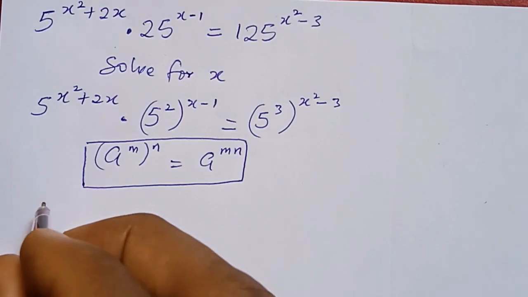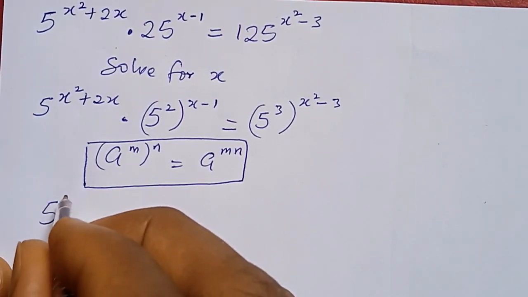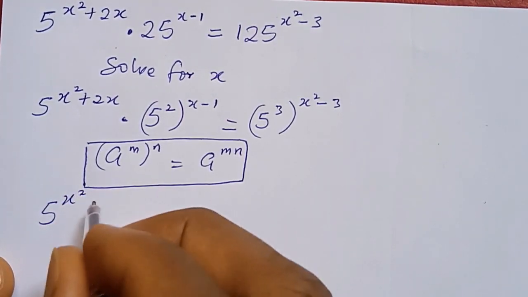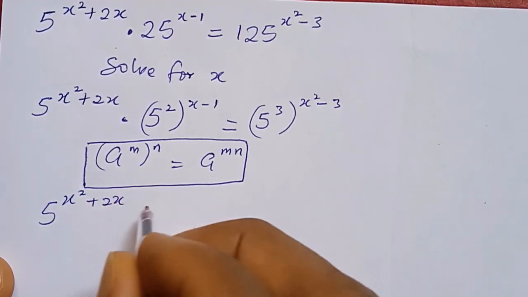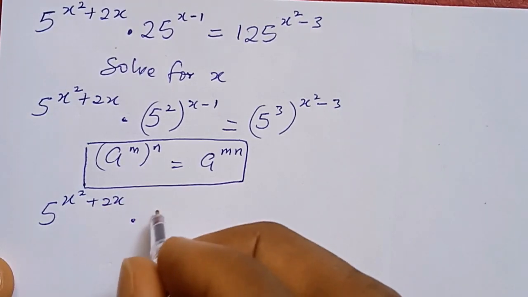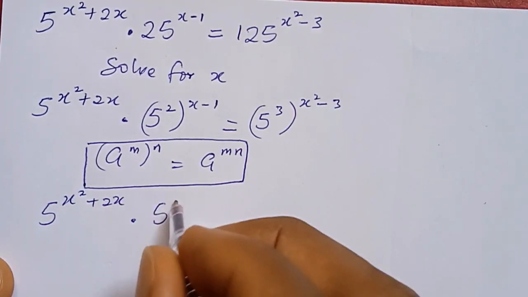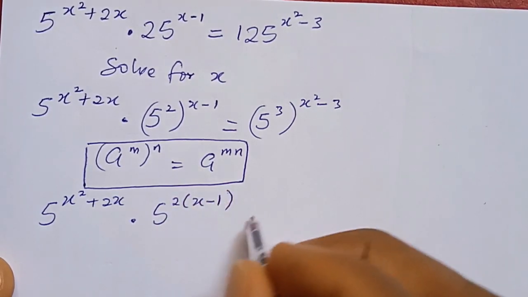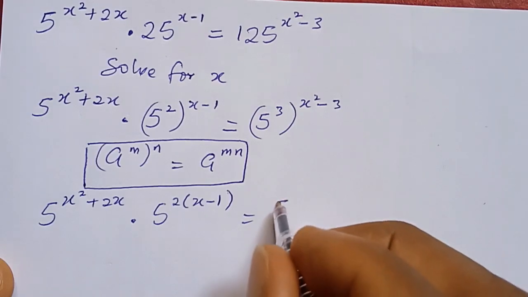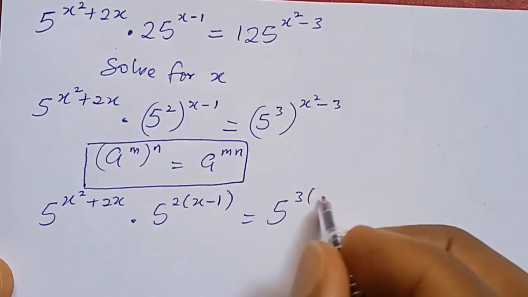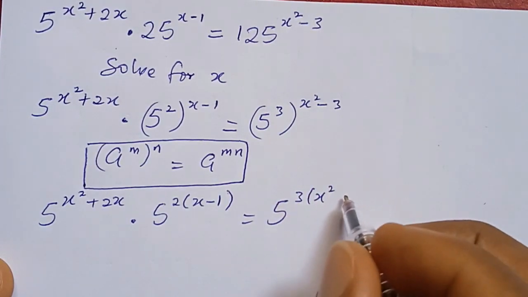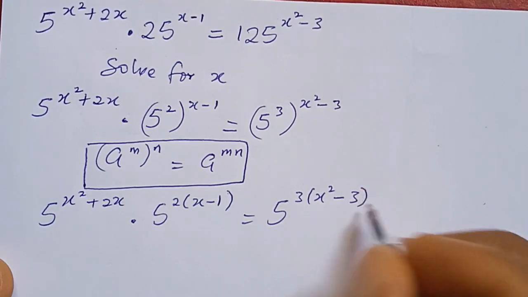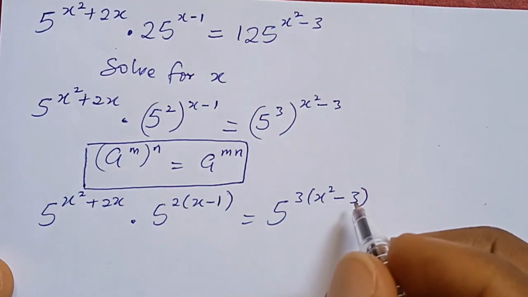So we now have 5 raised to power x raised to power 2 plus 2x multiplied by 5 raised to power 2 into bracket x minus 1 equals to 5 raised to power 3 into bracket x raised to power 2 minus 3.